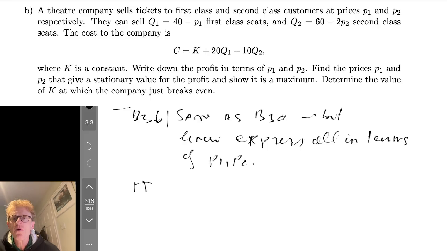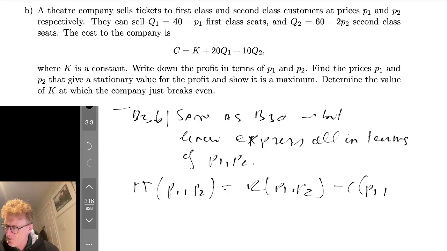So you have the profit, and you express this as R of P1, P2 minus C. So you need to express this as a function of P1, P2 basically by using those two relationships to express Q1, or Q1 is already expressed in B2, etc. Same. Let's finish it for today.